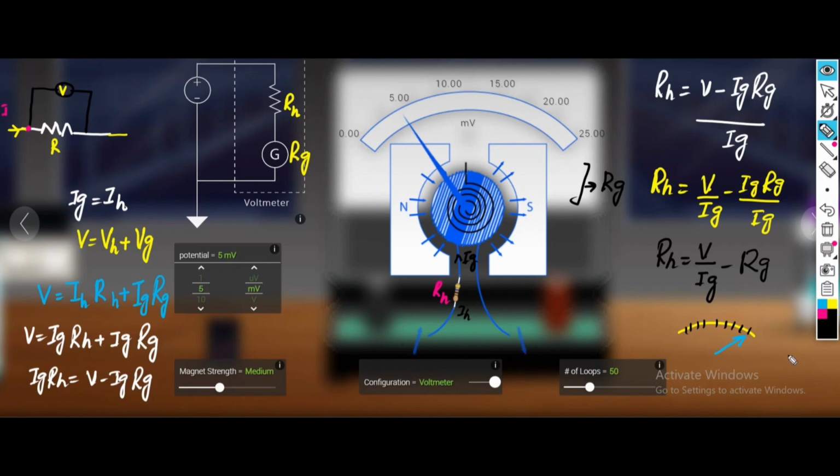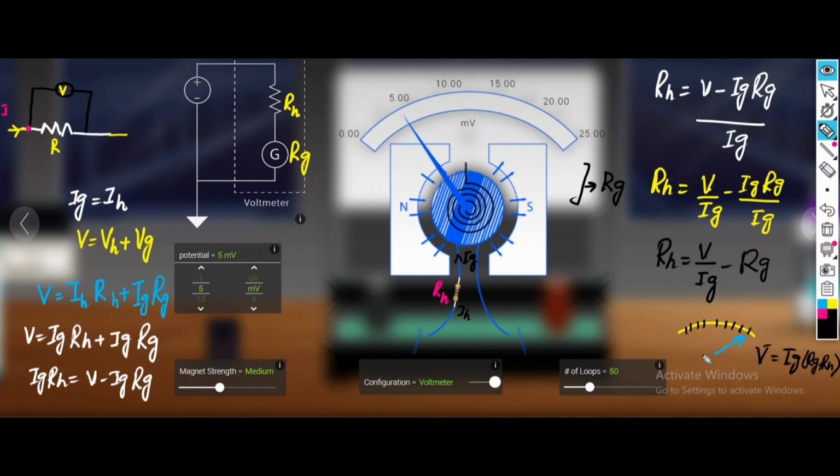The current is the same here, IG. If we multiply that current with the resistance, which is given by RG plus RH, then it will give us the voltage.